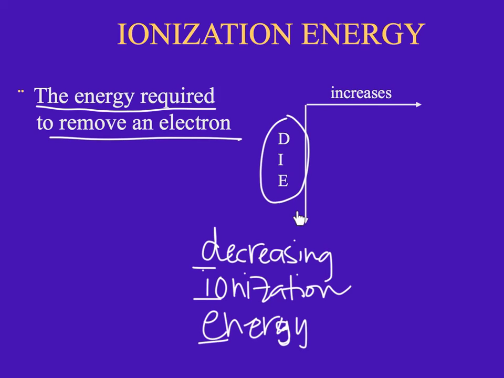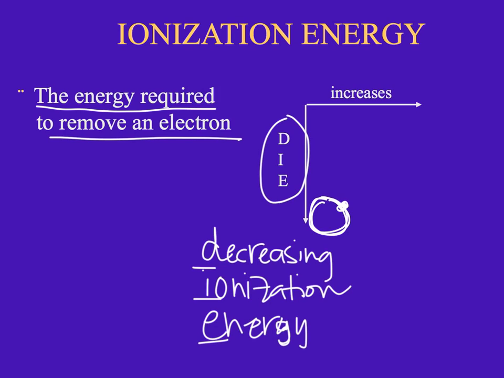So if it's decreasing going down, then therefore it must increase going across. So this one is an inverse relationship to the size, right? Because remember, it's getting bigger in size as you go down. Remember, if it's bigger in size, those outer electrons are not as attracted to the nucleus. So they're going to hang out a little more, and then therefore the outer electron is going to be much easier to remove because it's not as attracted to the nucleus.